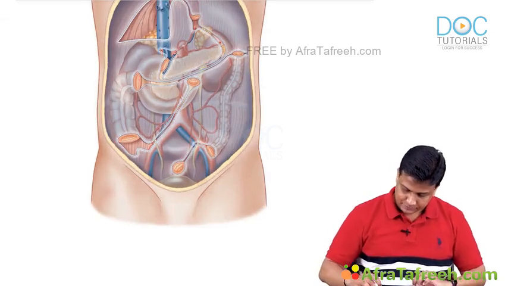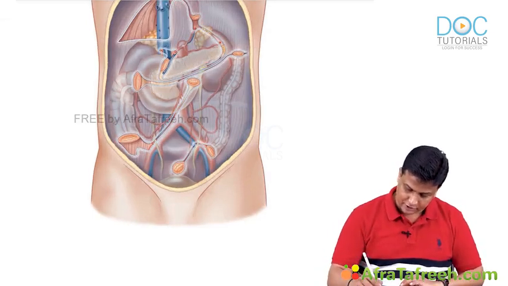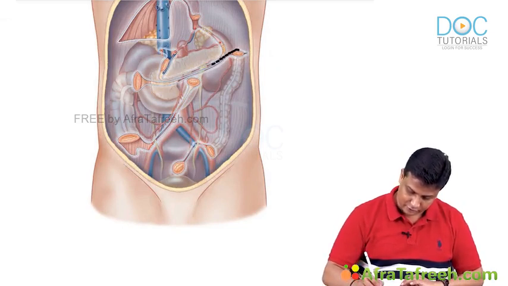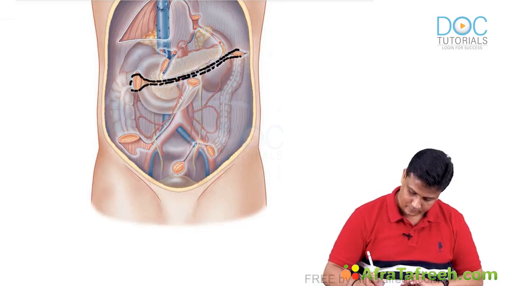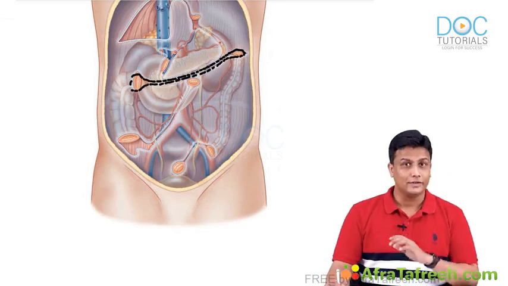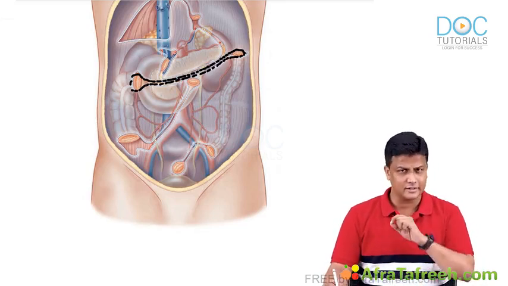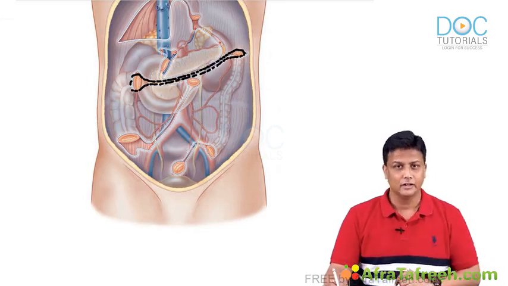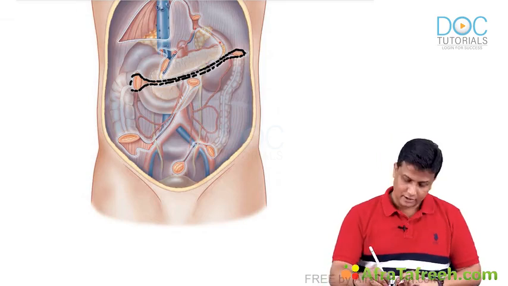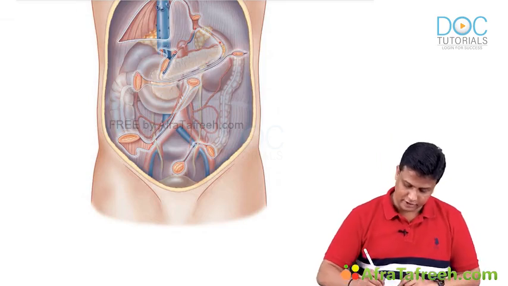So let me show you here in this diagram, if you are able to appreciate here, this one will be actually the root of the transverse mesocolon. We have actually removed the transverse colon from there, and that is the root. That is the part from where the peritoneum is actually reflected. Now similarly, we are able to appreciate here, this is the root.